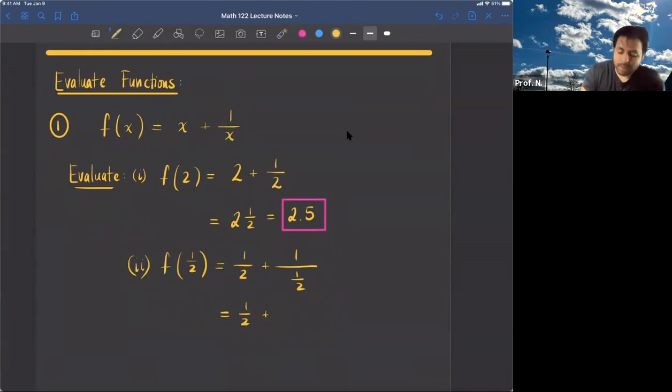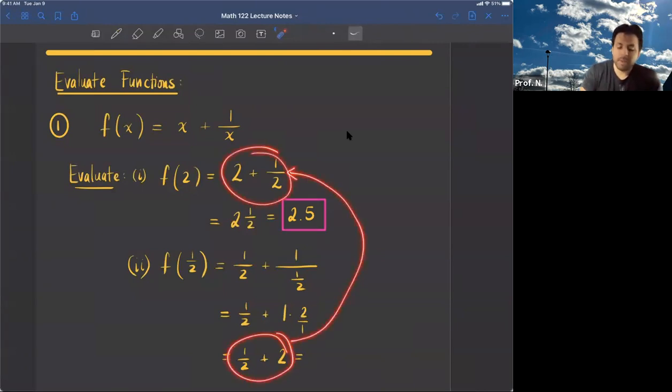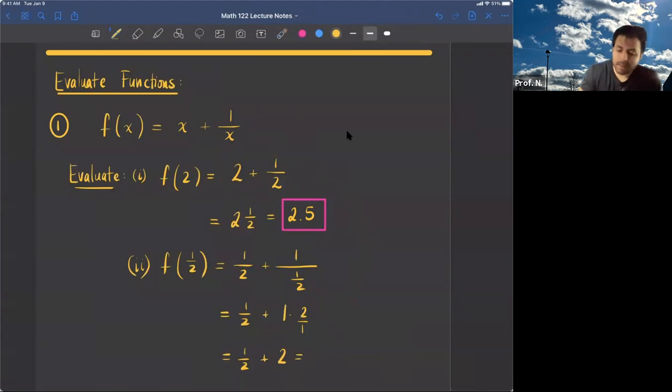So I get 1 times 2 over 1, which is just 2. This looks very much the same as the first evaluation, because I get exactly the same thing, just in reverse order. The 1/2 is written first, but I get the same exact result, which is 2.5.